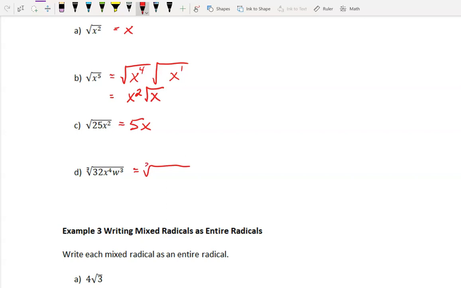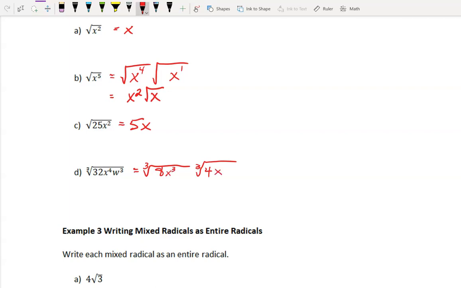Alright, now let's go a little crazy. So I'm going to pull out what's a perfect cube, and then we'll see what's left. Is there a factor of 32 that's a perfect cube? Yes, 8. 8 times 4. Is there a factor of x to the 4 that's a perfect cube? Yes, x cubed. What's left over? An x.